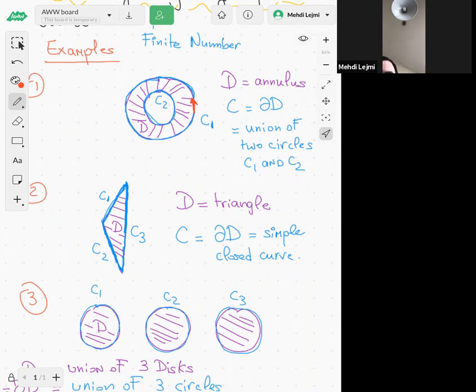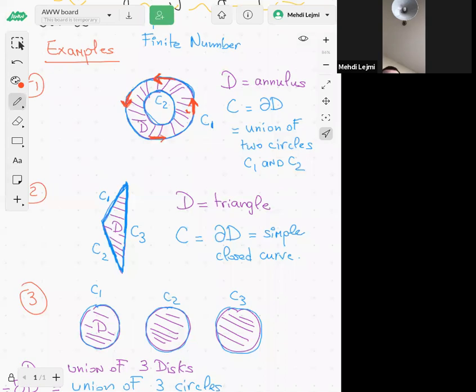So if you give this orientation to C1, D would be on the left of this arrow. So it's a counterclockwise orientation here, because D would be on the left of my arrows, right?